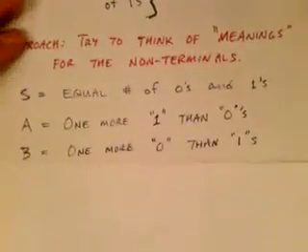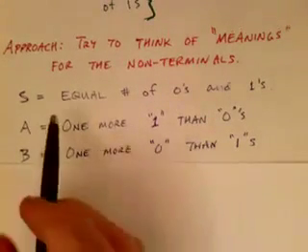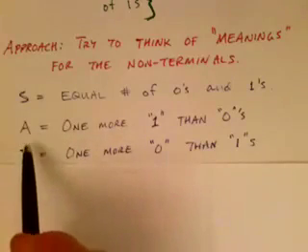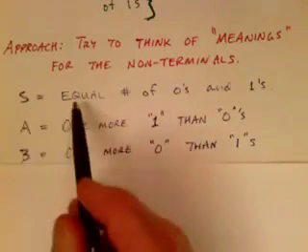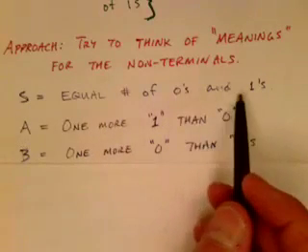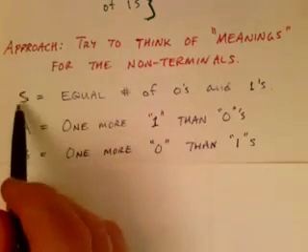So, in my solution that I'm going to present just in a second, we've got three non-terminals, S, A, and B. S is a string of zeros and ones where the number of zeros and ones is equal. Okay, that's the language we're looking for. That's our starting symbol.